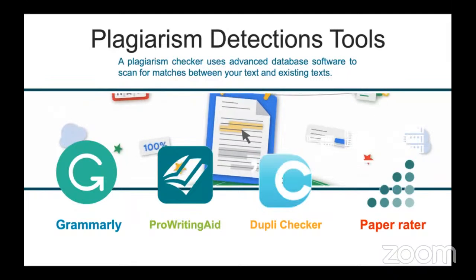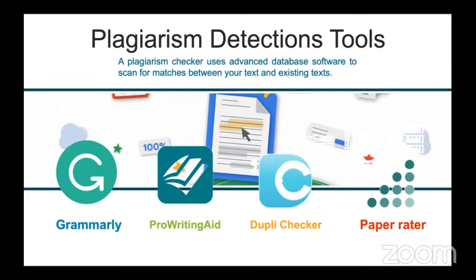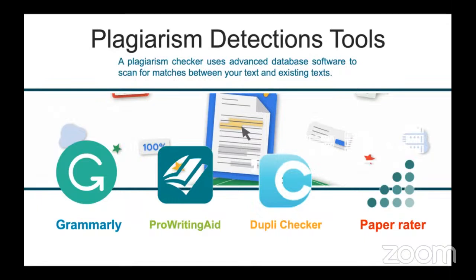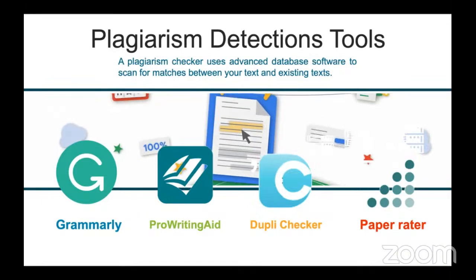It was acquired and is now supported by Barnes and Noble Education, BNED, since August 2018. The next one is Pro Writing Aid, a smart writing assistant providing personalized advice on writing and plagiarism checks, from the company of the same name in Whitley.